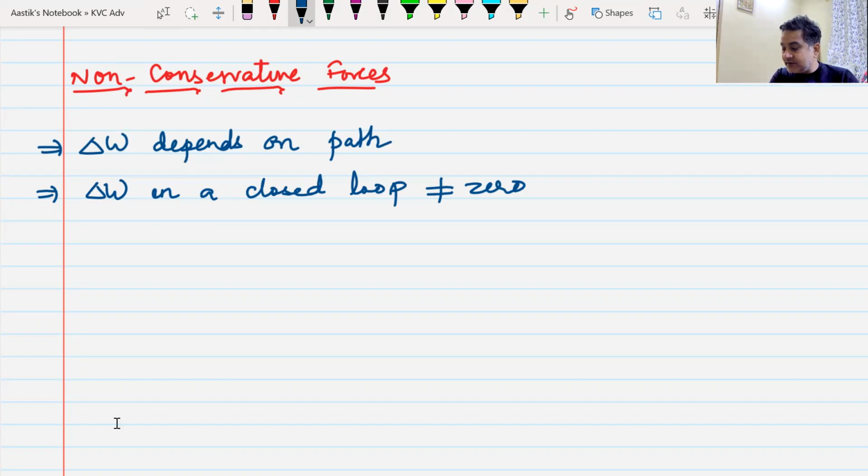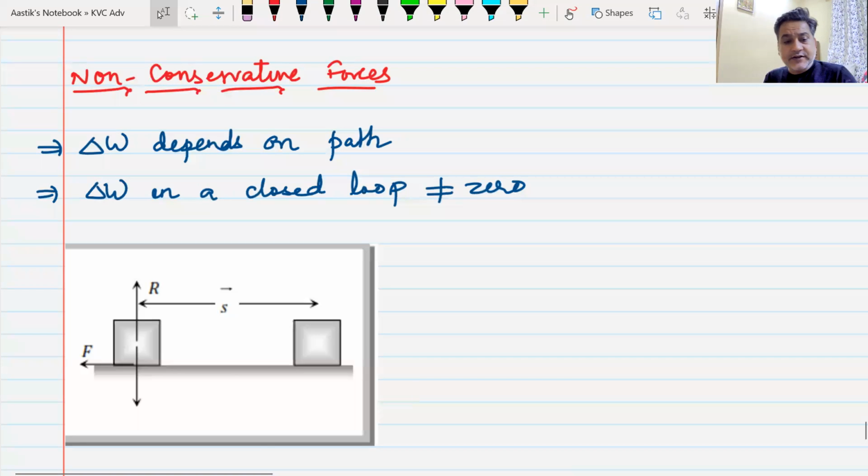We can take the example of this simple body. The frictional force is mu mg. Yes or no?